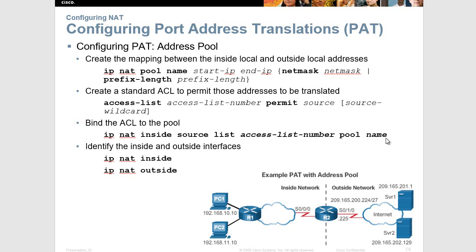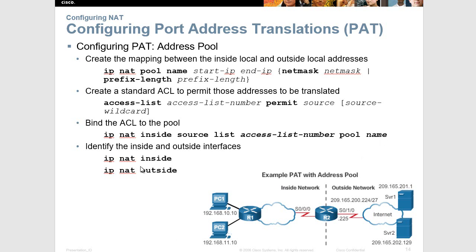So that's something important to remember. If you're using a range of addresses for port address translation, you will end up with multiple devices on your first public IP address. All the rest of your public IP addresses will just have one private IP address attached to them. So that's how it's going to work.